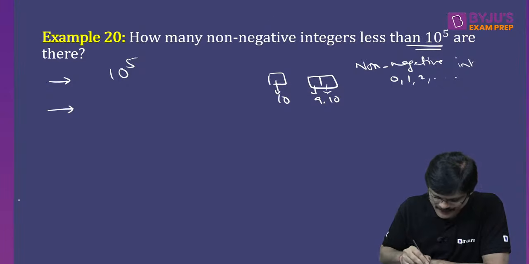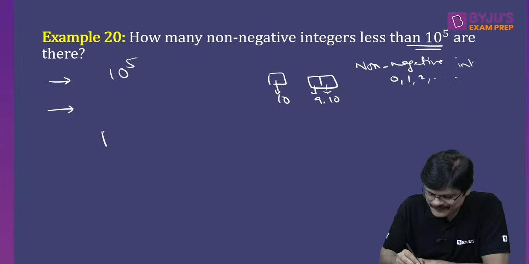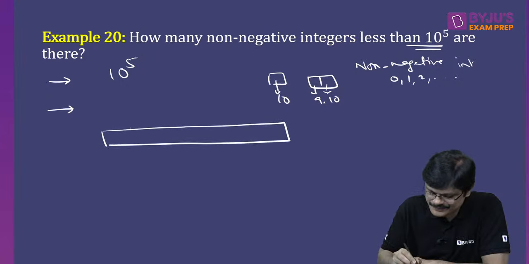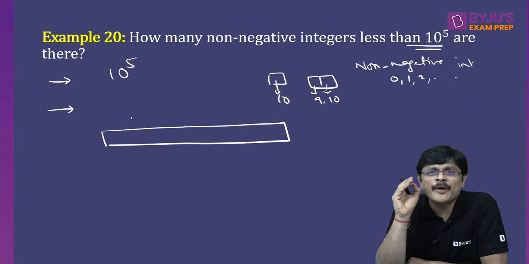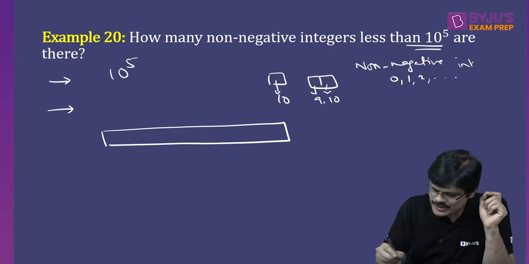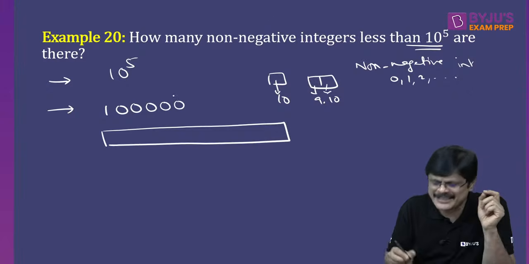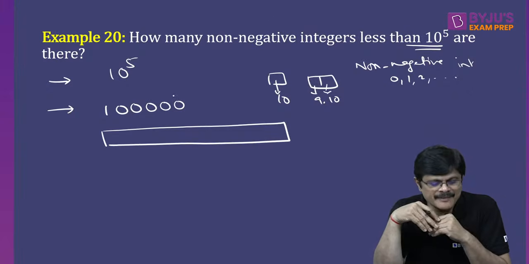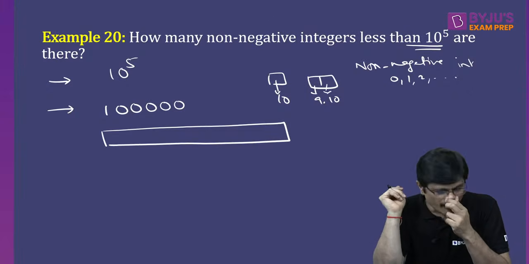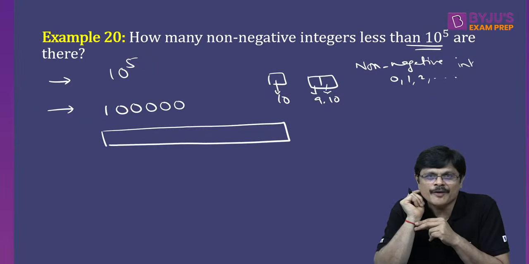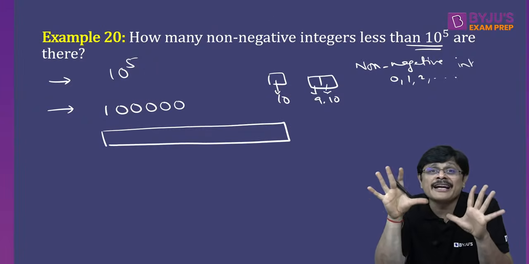I like that. Now look at this carefully. 10 power 5 means after 1, 5 zeros: 1, 2, 3, 4, 5 zeros. It is a 6 digit number. Now when you say less than 10 power 5, it is a maximum 5 digit number.